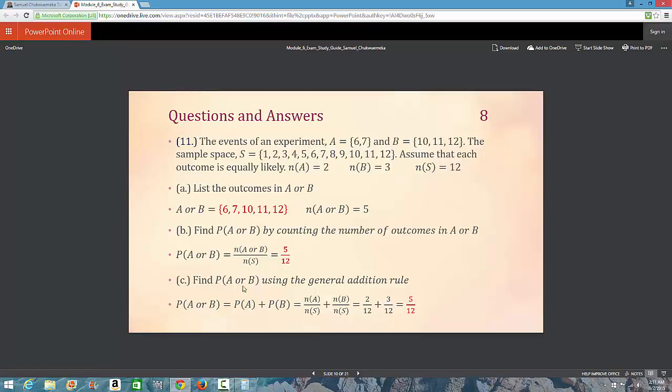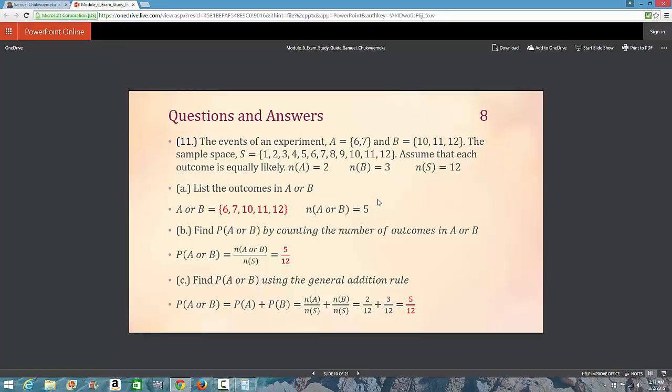C, find the probability of A or B using the addition law. Okay, and with the addition law, we have that this is the probability of A plus probability of B minus probability of A and B. But if you look at A and B, they don't have any element in common.